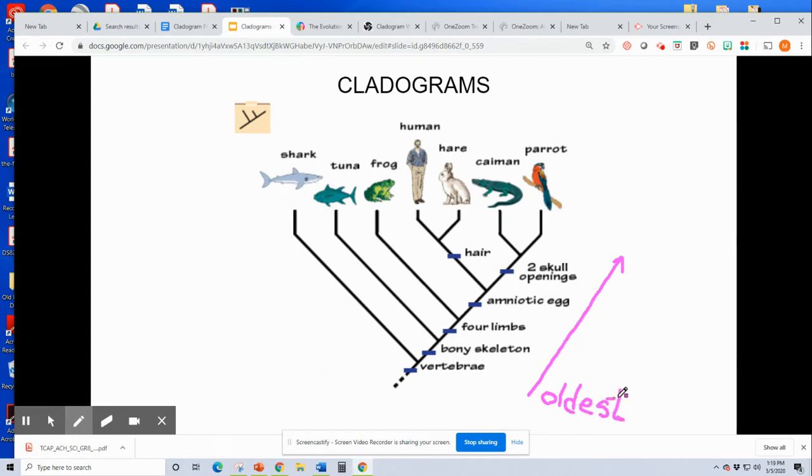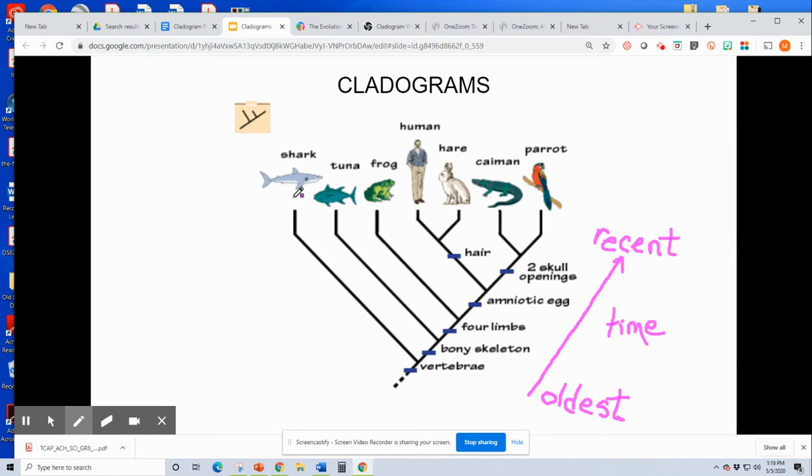And this will make more sense to you in a minute, but the most recent developments on our cladogram are going to be up here. So this represents time. Okay, so I'm sad. I'm not as good as that guy on Khan Academy. There we go.